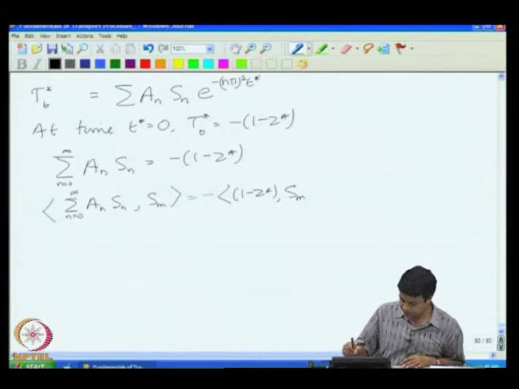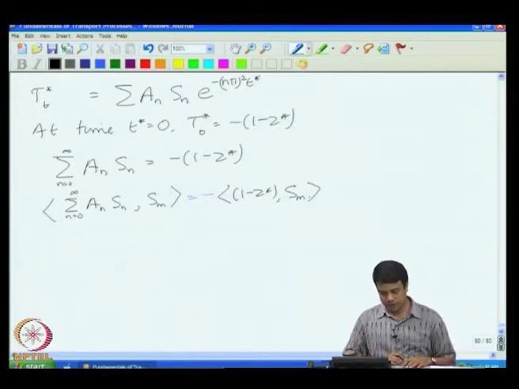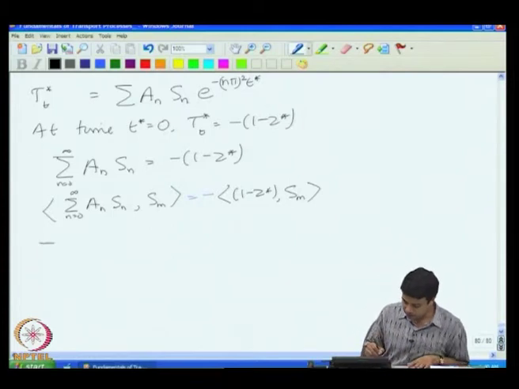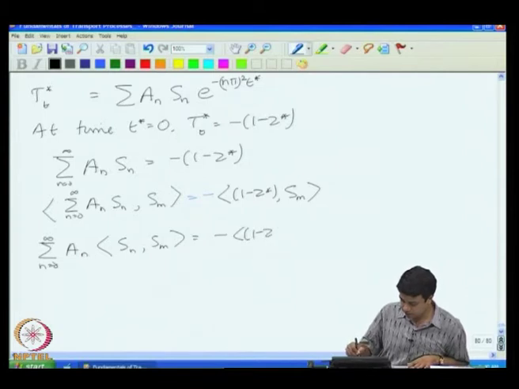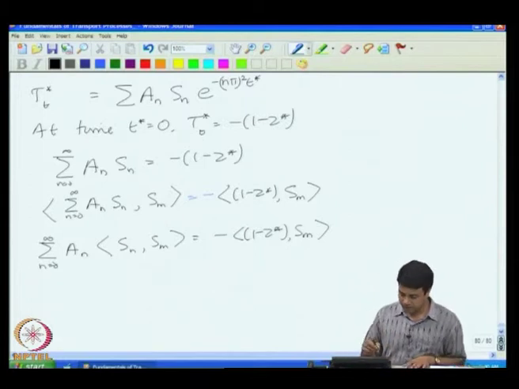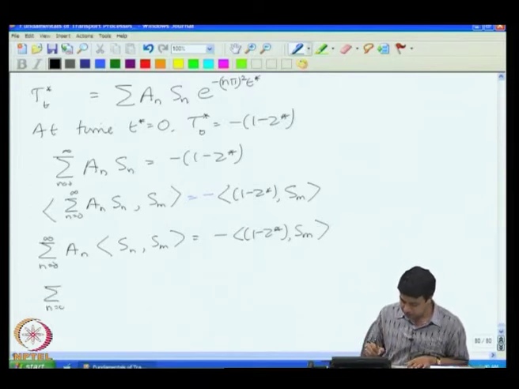Comma Sn. Since the An's are all constants, this is equivalent to writing summation n equal to 0 to infinity of An times Sn comma Sm is equal to minus this inner product. Sn and Sm are orthogonal to each other, and therefore this is summation n equal to 0 to infinity An delta Mn by 2.